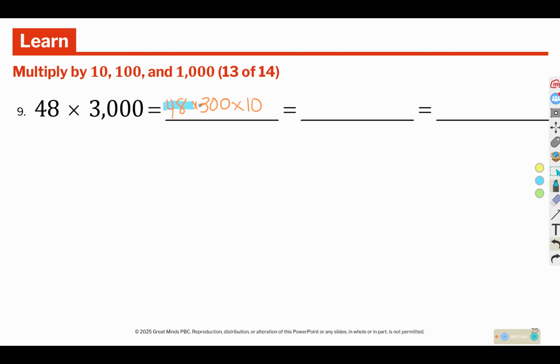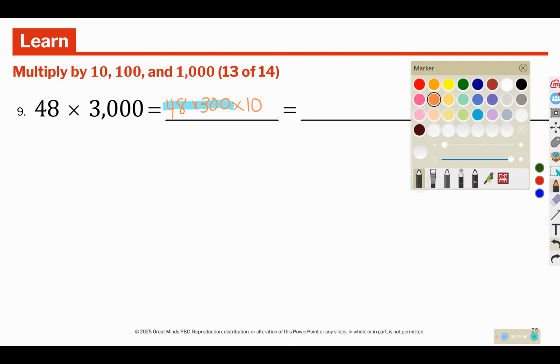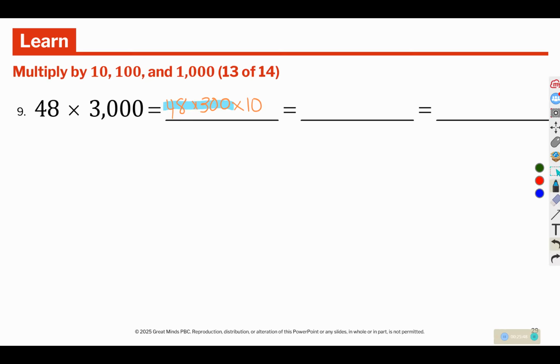In problem 8, we solved this piece, and we found that 48 times 300 was 14,400, and I still need to multiply by the 10, which moves that place value one more spot. So instead of 2 zeros, I now need 3 zeros. 144,000.